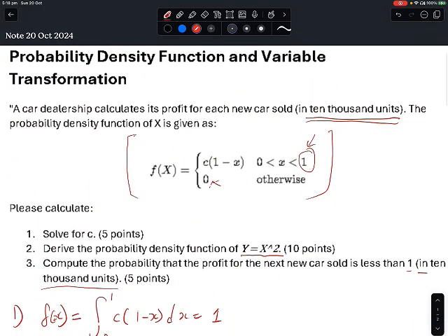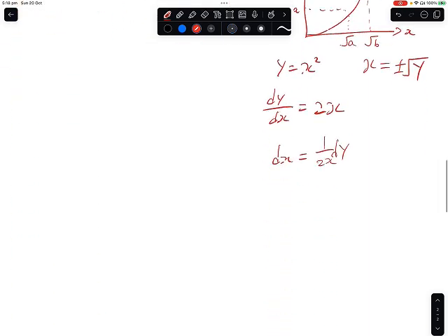We need to find f of y, so f_y is equal to 1 over the square root of y minus 1.